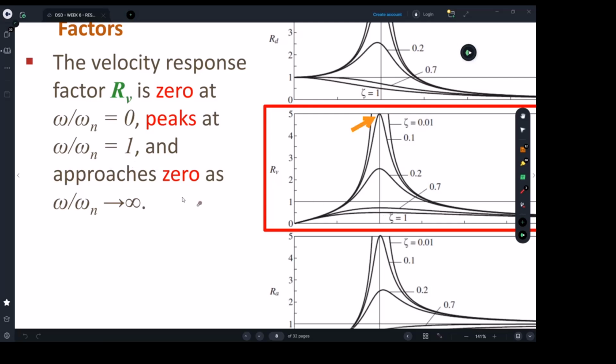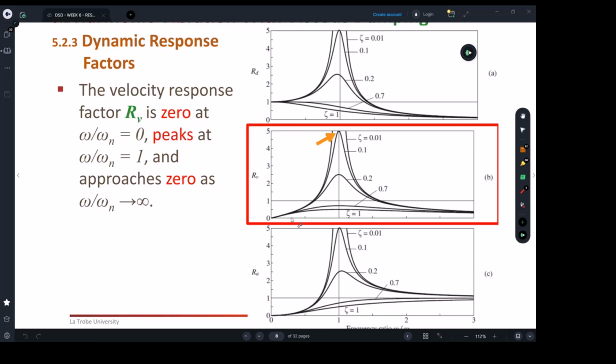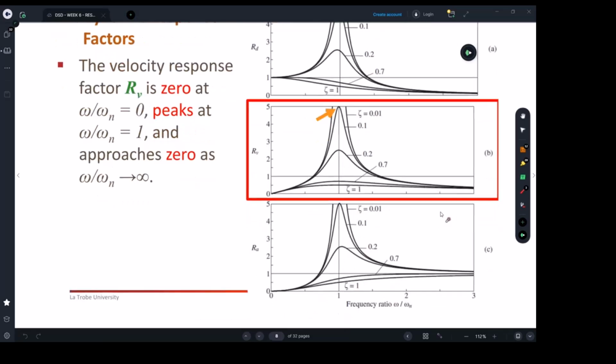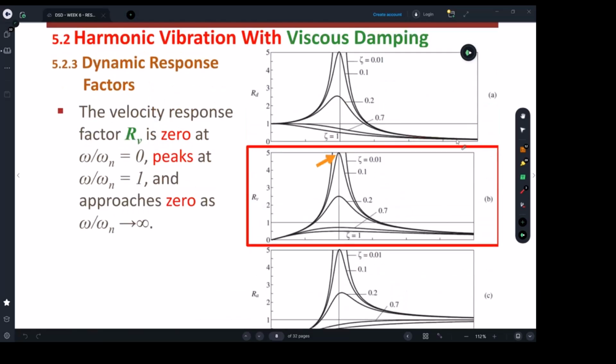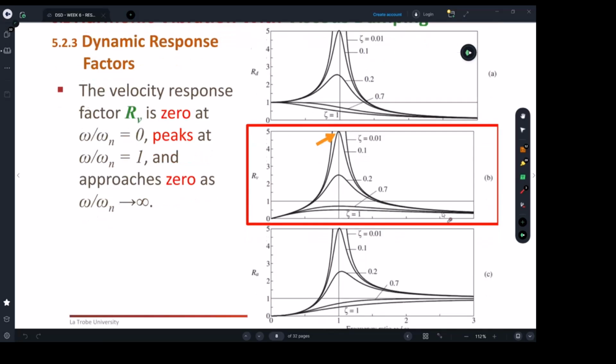Same thing as we've seen before with displacement: as we go to infinity, the RV value will be approaching 0. As we go further and further away, it will approach 0. Same as displacement, but the displacement approached 0 much faster than the RV value.